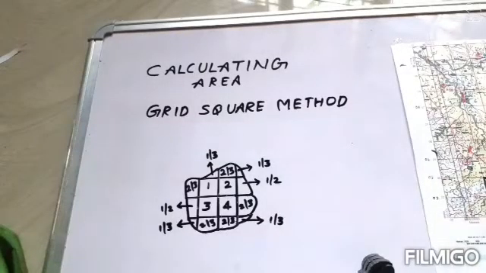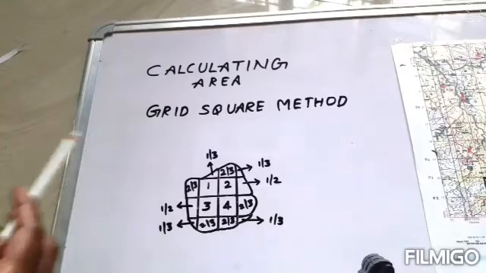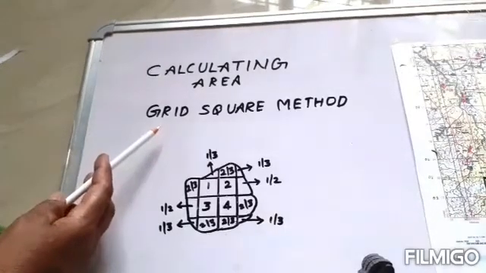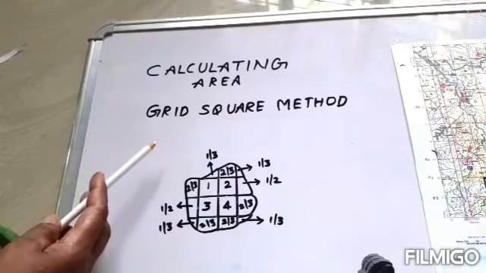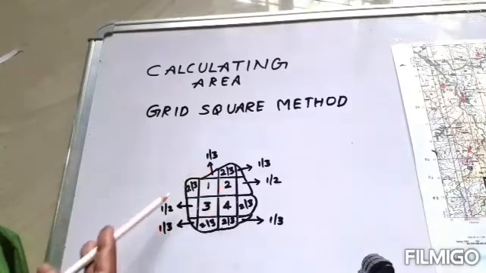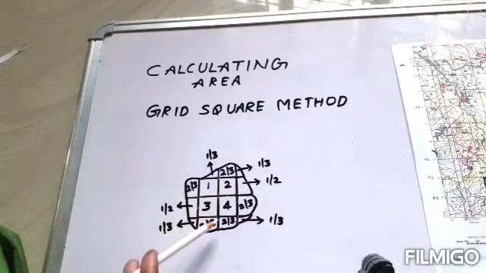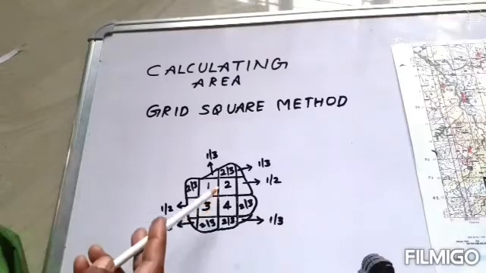Children, usually complete squares are given to find out area. In case incomplete squares are given, you can apply another method which is known as the grid square method. In this method, squares of different measurement are given. Here, first you have to note the number of complete squares.